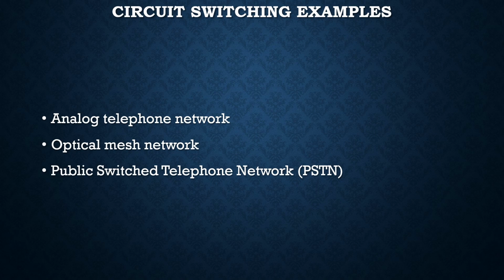One of the best examples of circuit switching is a telephone. Suppose there are two persons, A and B. They both want to communicate with each other and are located far from each other. Person A makes a call to person B, and this is the setup phase of circuit switching.